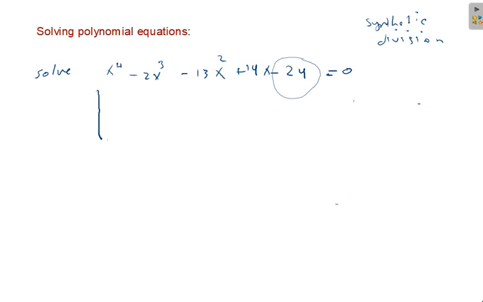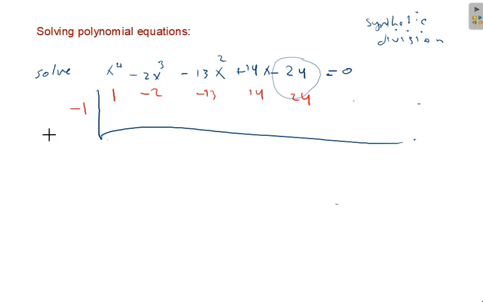In synthetic division, what we are going to do is write all the coefficients: 1, minus 2, minus 13, 14, and minus 24, and multiply with the root that we have found earlier, which is minus 1.